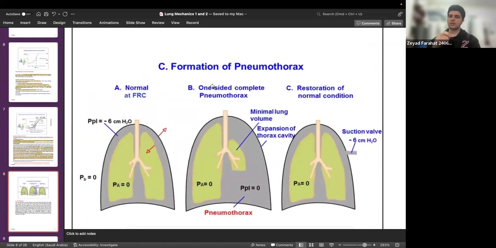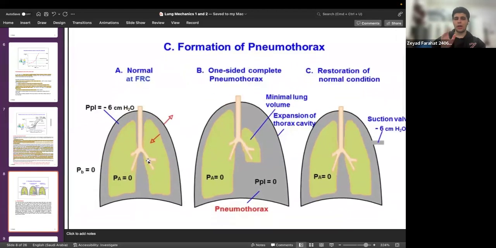This is very tied in with Dr. Ulina's chest wall lectures. We said that we have two systems, and we combine them into a third: the lung system, or the lung compliance, and the chest wall. So if, for example, someone stabbed you between your ribs, the chest wall is now open to the atmospheric pressure.